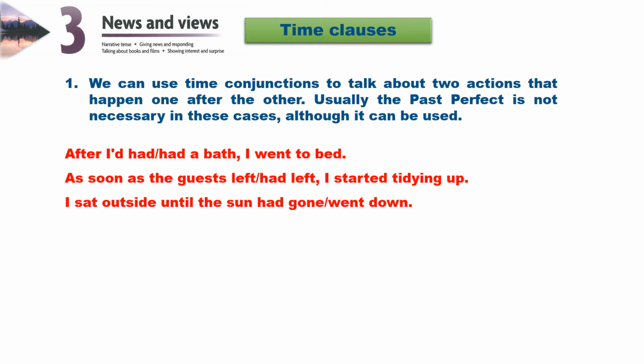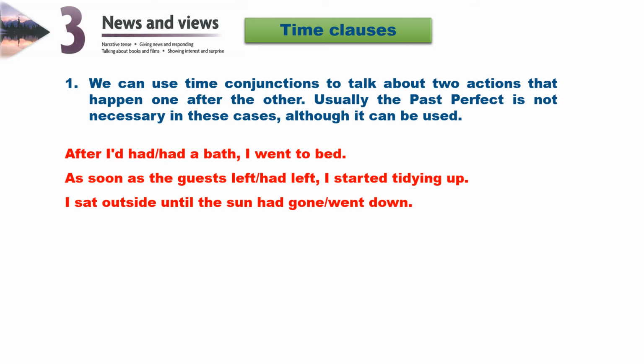Here I can also use a past perfect. I can say after I had a bath, I went to bed. Another example, as soon as the guest left, I started tidying up. So the first action is the guest left, and the second one is I started tidying up.